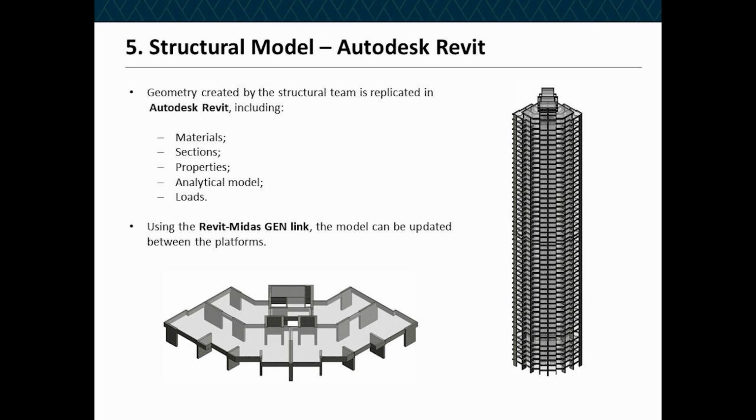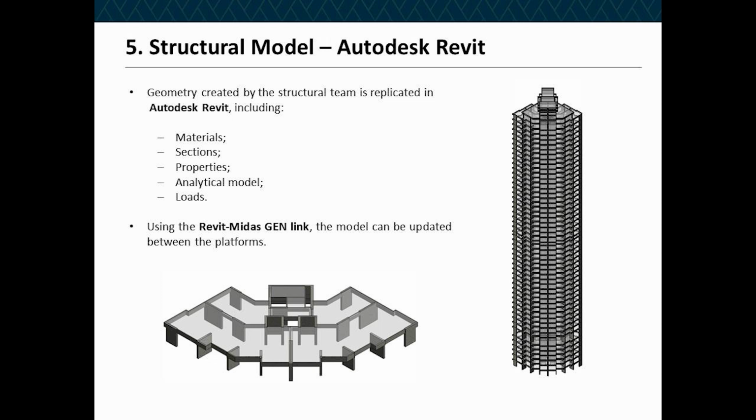So our team replicated the design structure with the very same loads and load cases used by the structural team, and this model was fully created in Autodesk Revit. All the materials, sections, properties, the analytical model, and loads were applied directly in Revit.